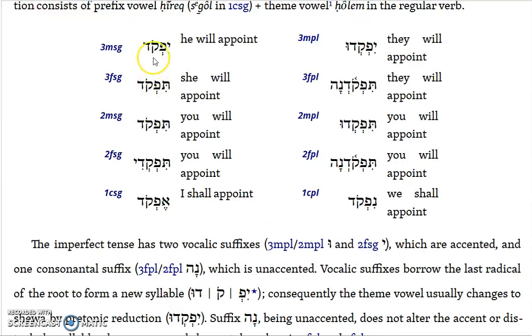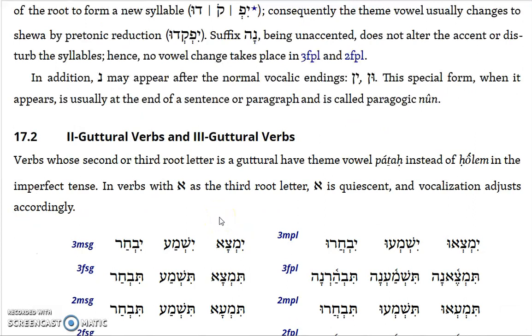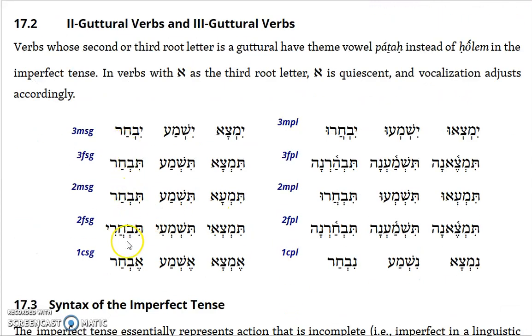So you have the holem in the third masculine singular, the third feminine singular, the second masculine singular, and a number of the forms, third feminine plural, second feminine plural, and first common plural. But here you're going to get a vowels all the way through because of the influence of the guttural.